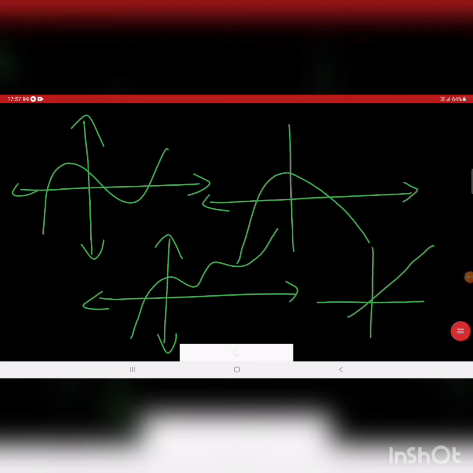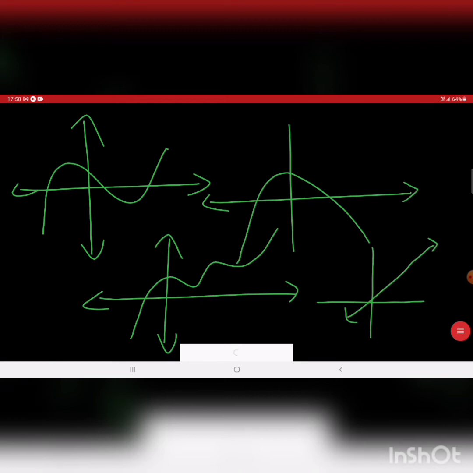Next, we discussed linear function. Now the linear function, its graph is a straight line. So that straight line may be an increasing function or decreasing function throughout the domain. But in the case of a curve, that is functions which are not linear, such functions will be like curves.